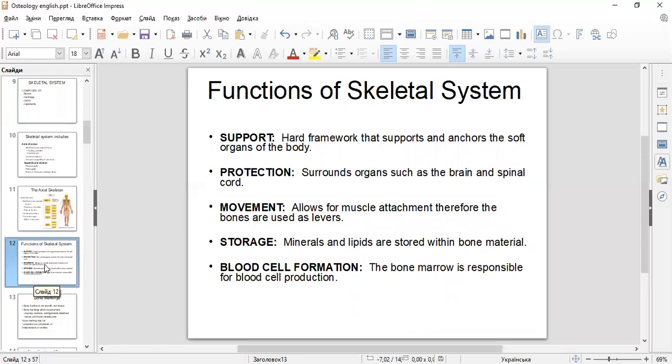Movement: allows for muscle attachment, therefore the bones are used as levers. Storage: minerals and lipids are stored within bone material. Blood cell formation: the bone marrow is responsible for blood cell production.